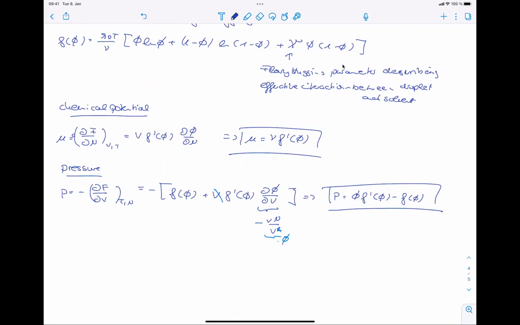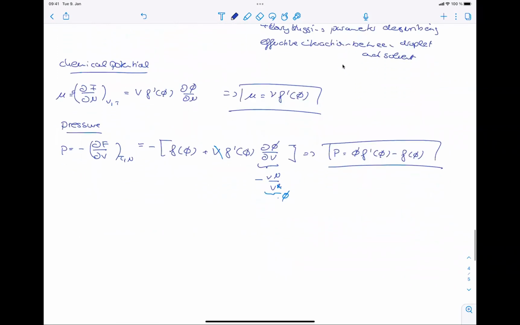And so these are the two thermodynamic variables that we now need if we want to consider the setting of a droplet in the box and what will happen. So now with this in hand, we can go to thermodynamics of droplets.